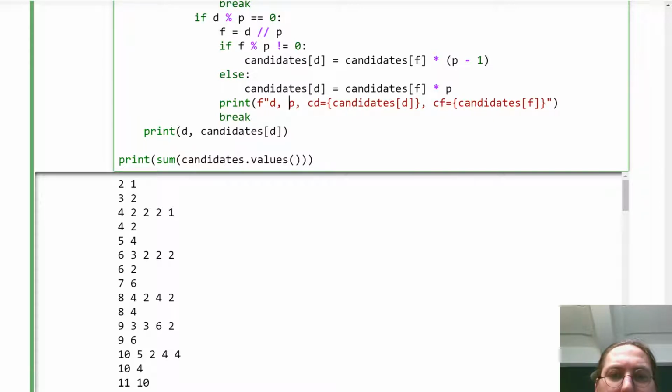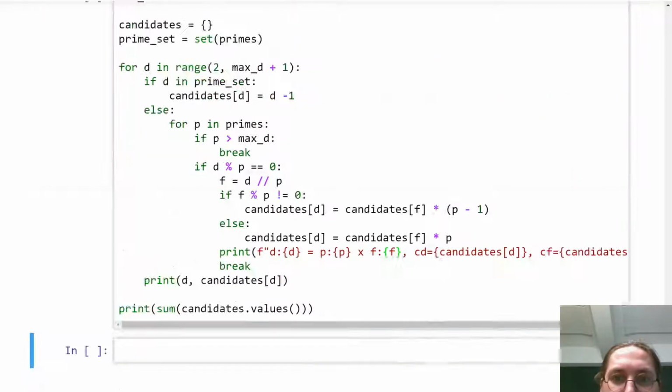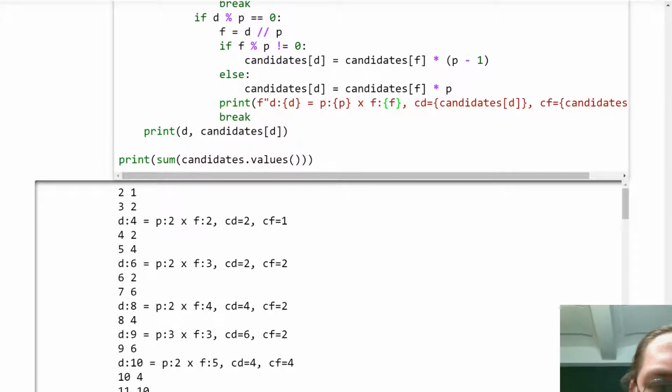Or write P and then X F, because D is P times F. Whatever. So P is 2, F is 2, CD is 2, D is 4, etc. Does that make sense a bit?